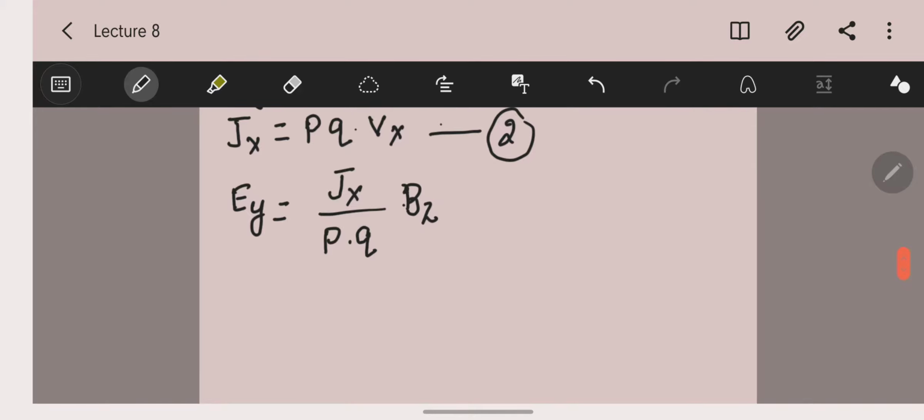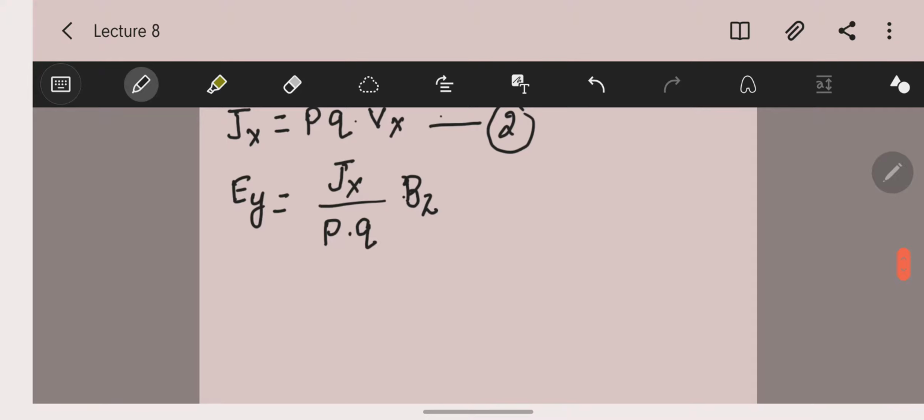Alright. Now further let me modify this equation in this form. 1 by PQ is going to be converted by a constant, that is RH, into Jx into Bz.